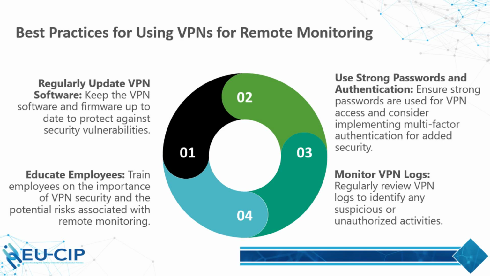Ensure strong passwords are used for VPN access and consider implementing multi-factor authentication for added security. Monitor VPN logs. Regularly review VPN logs to identify any suspicious or unauthorized activities. Educate employees. Train employees on the importance of VPN security and the potential risks associated with remote monitoring.